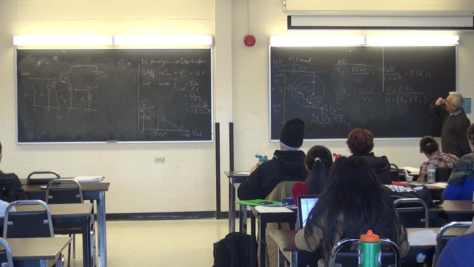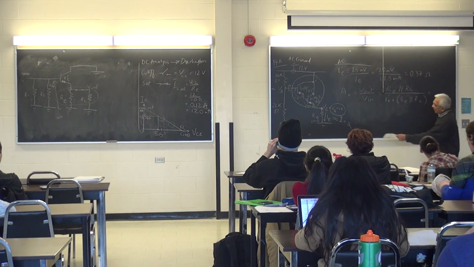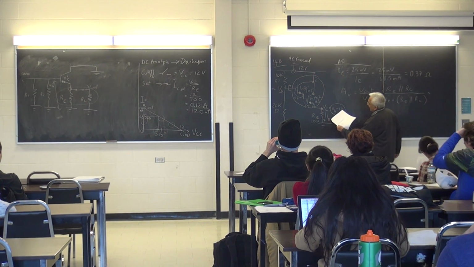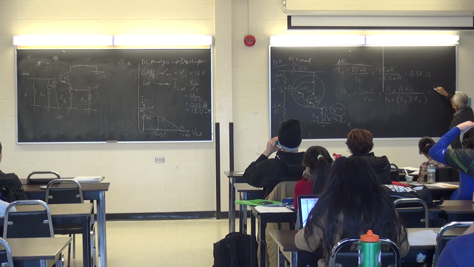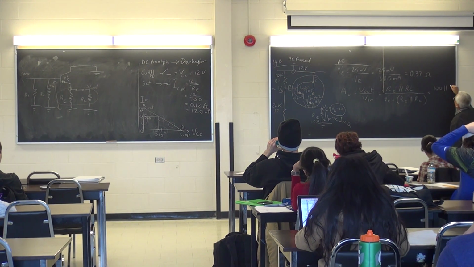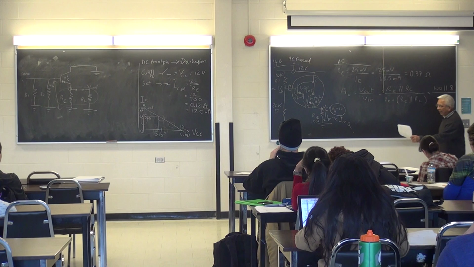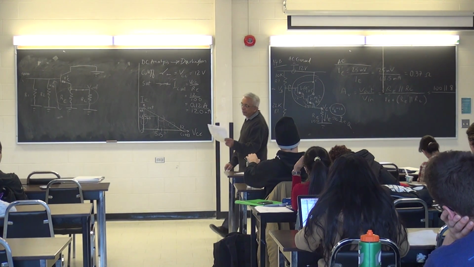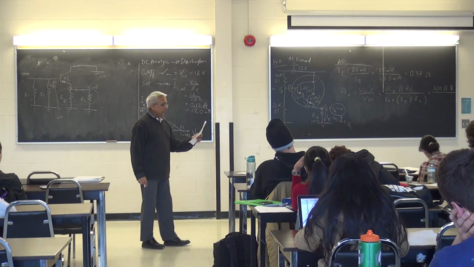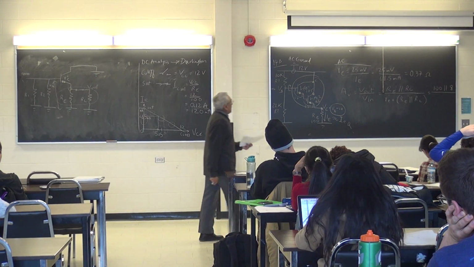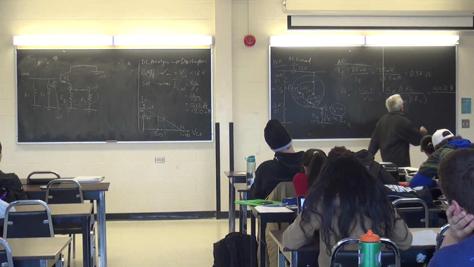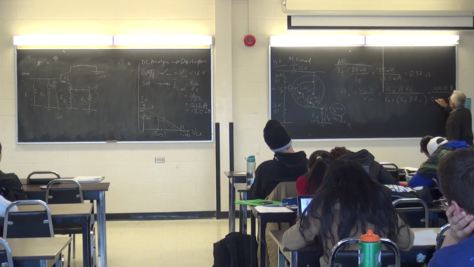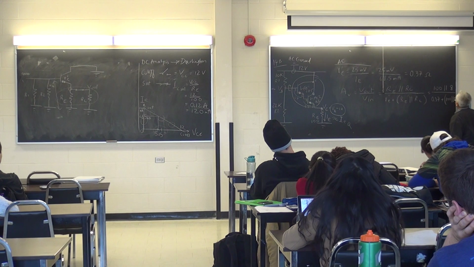So let me do the RE in parallel with RL calculation, which is 100 in parallel with 8 ohms, because that's what RL is, a speaker. I'm using RL as a speaker, which is 8 ohms. Divided by 0.37 plus 100 in parallel with 8.